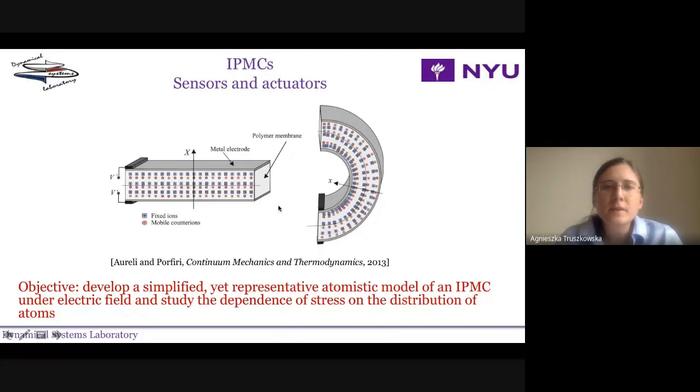Basically, a complete understanding of the behavior of these materials is not possible without looking at the atomistic level. So the objective of this work is to develop a simplified yet representative molecular dynamics model of an IPMC under electric field and study the interdependence of stresses and the distribution of atoms.